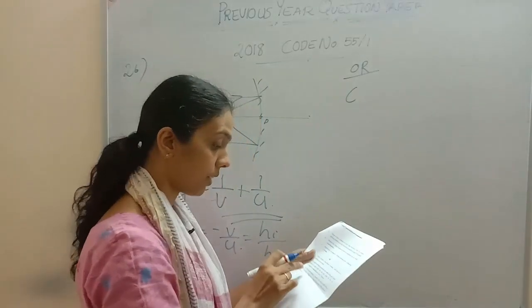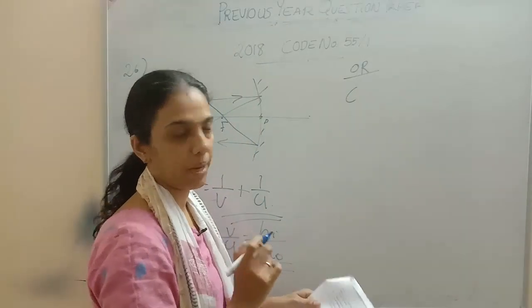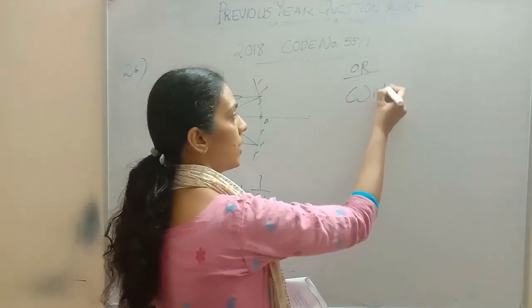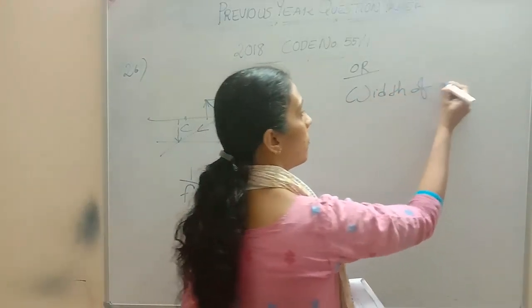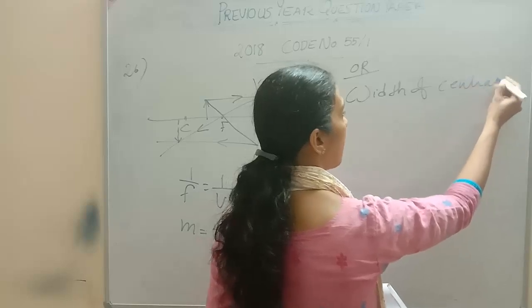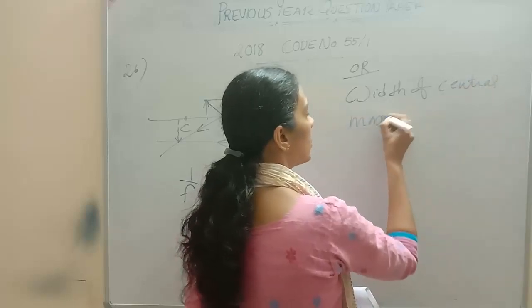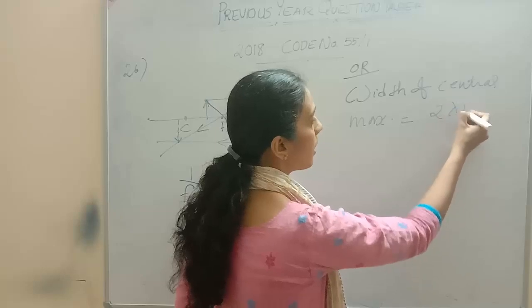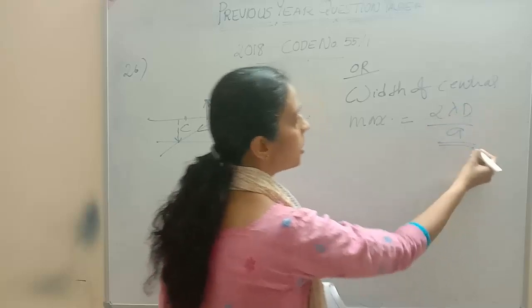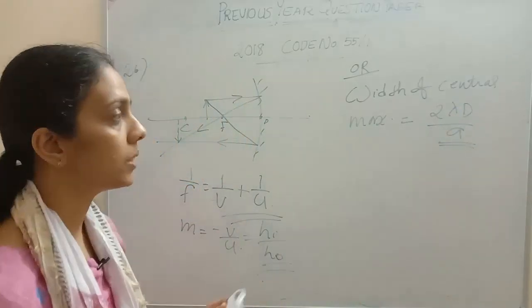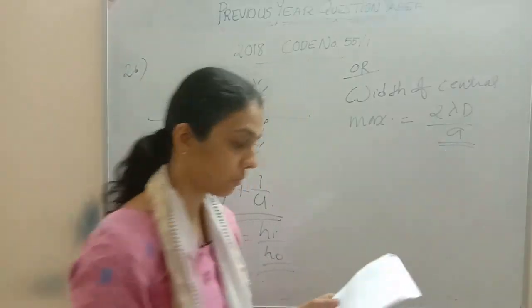How does this affect the central diffraction pattern? So the width of the central maximum, what is the value? 2 lambda d divided by a.